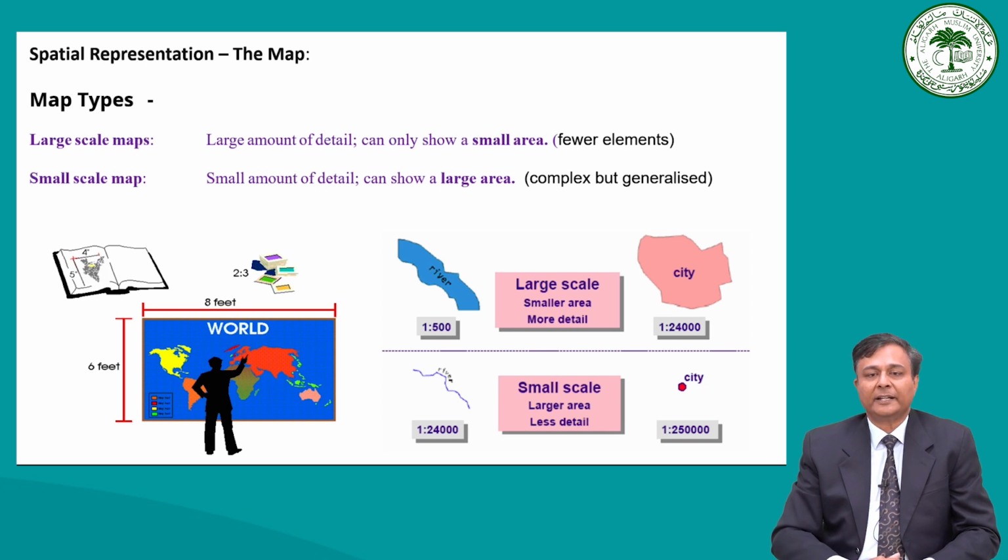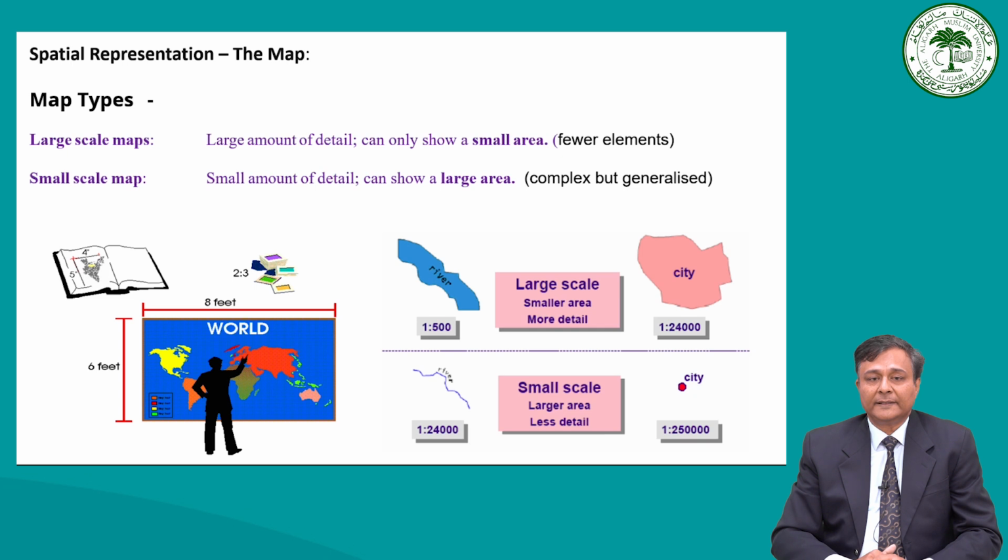And on the right side, if you look at the image, you would understand that when there is large scale, how big the city appears. It is the entire perimeter of the city.